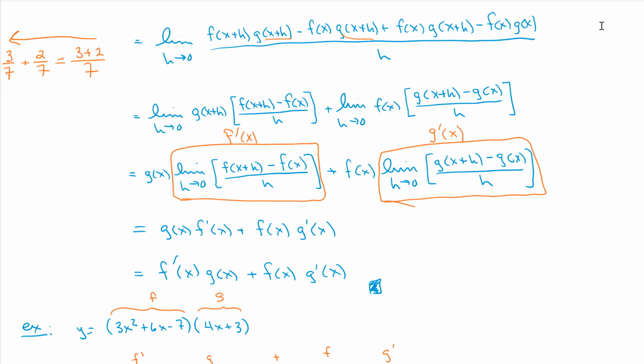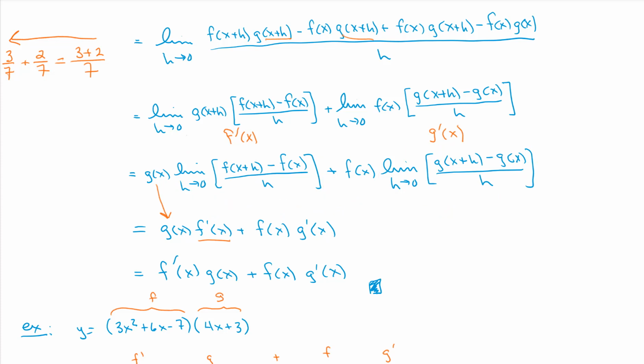So what I can do at the next step is I can continue bringing down my g of x. In place of this whole deal with the limit as h goes to 0, I can replace that with f prime of x. In the second term, I can continue to bring this f of x down, and this difference quotient with the limit as h goes to 0 can be rewritten as g prime of x.